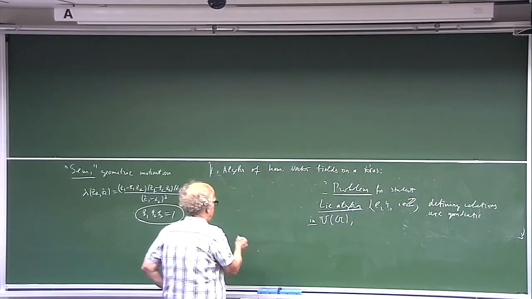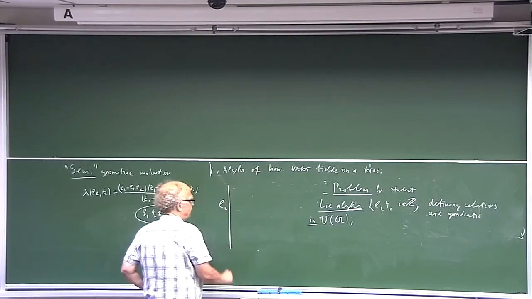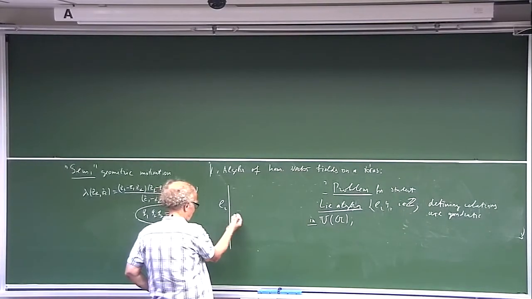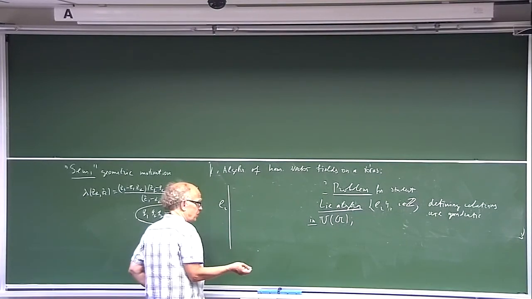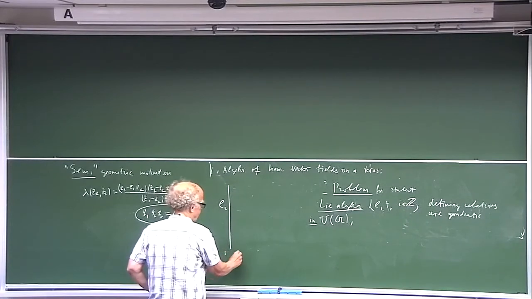We have quadratic relation. Well, so what does it mean? I have EI. Quadratic relation means that quadratic relations are homogeneous. So correspondingly in the algebra, this is the part in degree 1.